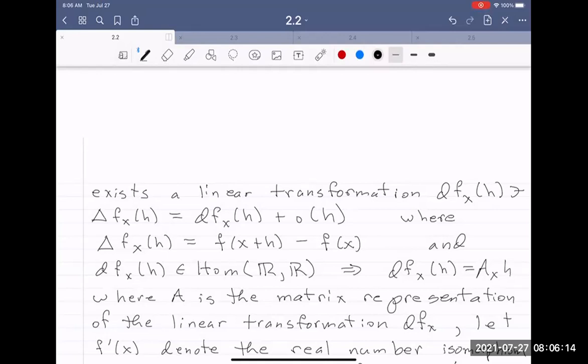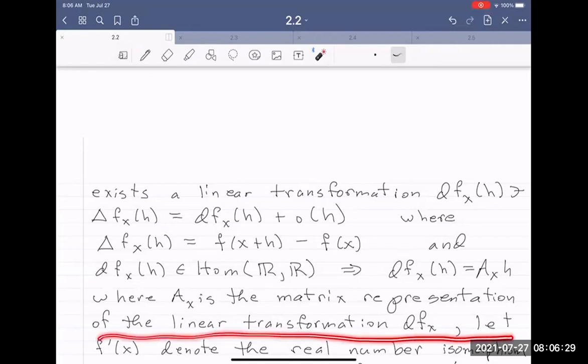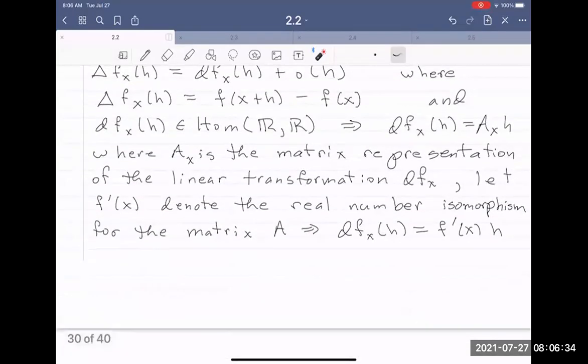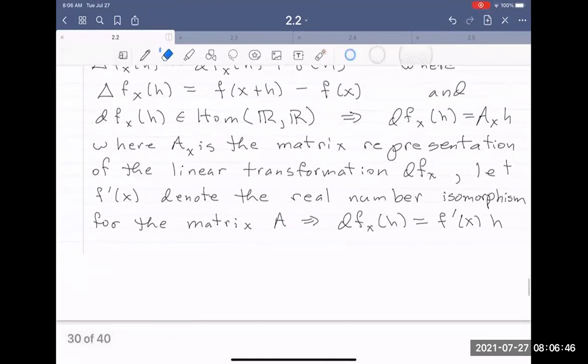Okay. So where A sub x is the matrix representation of the linear transformation df sub x, where f prime denotes the real number isomorphism for the matrix A sub x.